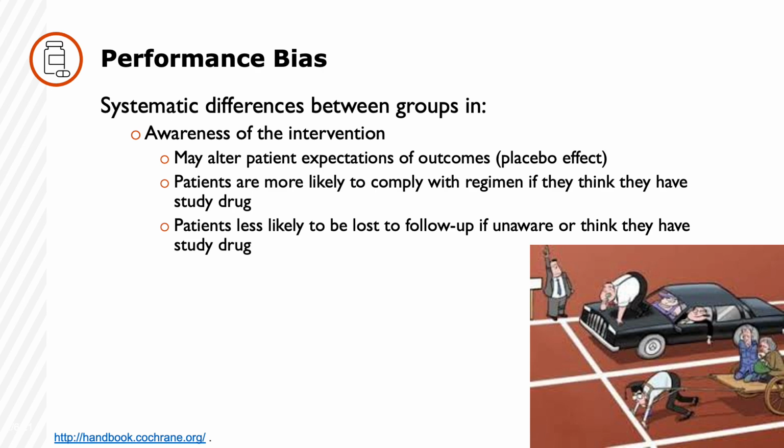Patients are more likely also to comply with whatever they've been assigned to if they think they're receiving the study drug. And they're less likely to be lost to follow-up if they think they have received the study drug.